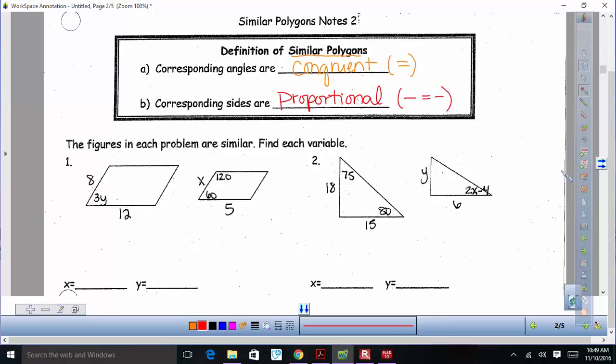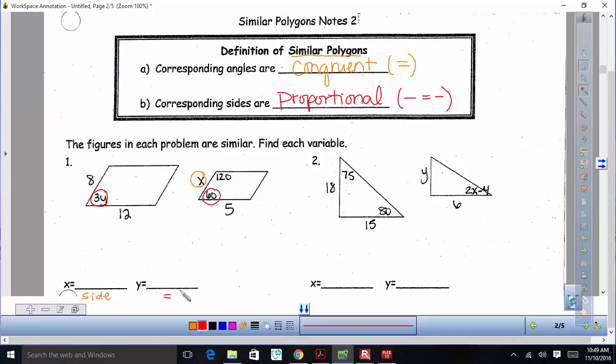A proportion. So that's going to be a fraction set equal to a fraction, and then we solve. Okay? So let's look at number 1. In number 1, they want me to find x. So is x referring to, I see x right here. Is this a side or an angle? Side. It's a side. So this one we're going to have to set up as a proportion, whereas my y's are what? Angles. And so those we set equal.